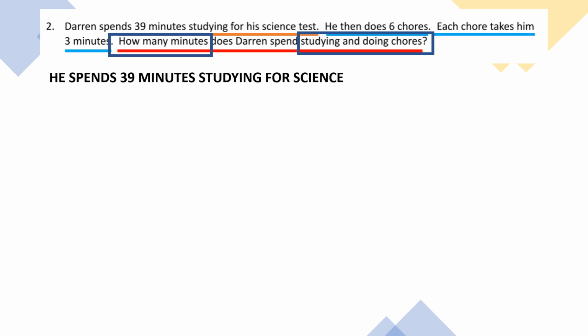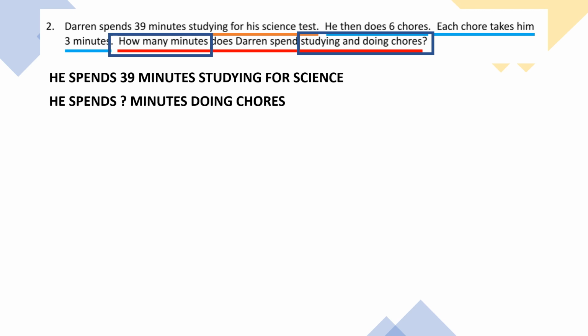Well, at the beginning of this word problem, it told me that he spends 39 minutes studying for science. And that's the only studying that they talk about in this word problem. So I already know he spends 39 minutes studying. Don't know how many minutes he spends doing chores, and I have to figure that out. So I'm going to go back and reread it.